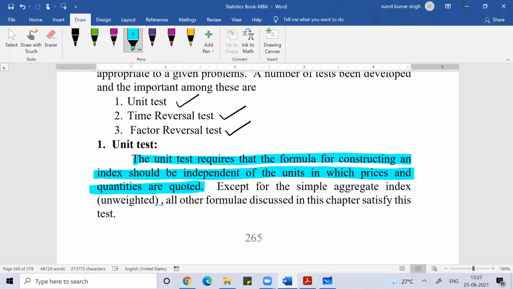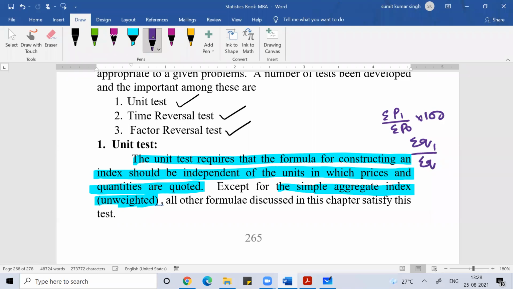You know that for every method there is a formula. That formula should be independent of the units. That is what the unit test is all about. All the methods we talk about satisfy the unit test. The only one which does not satisfy the unit test is the simple aggregate index method, the unweighted one: sum of P1 by P naught into 100, or sum of Q1 by Q naught into 100.